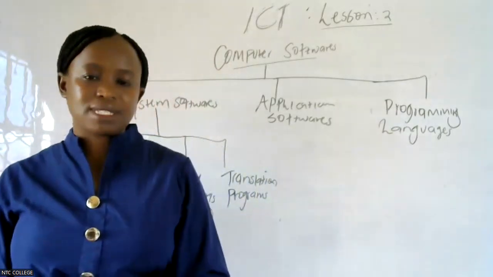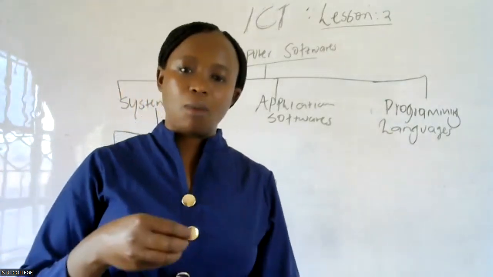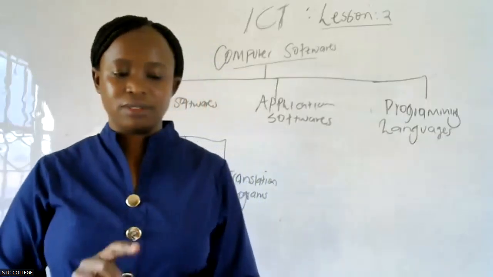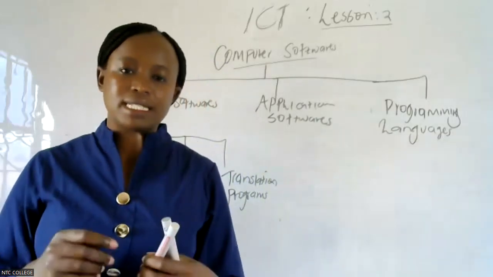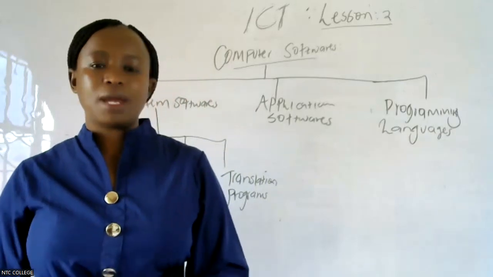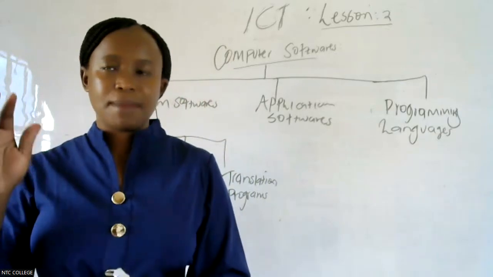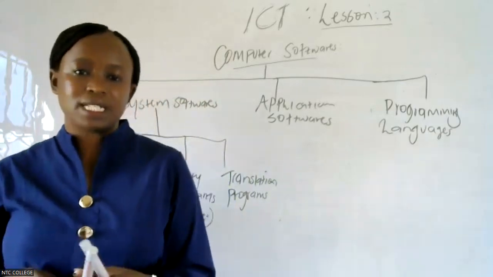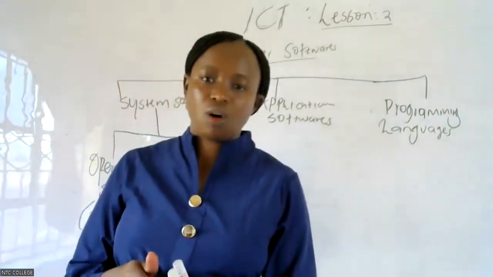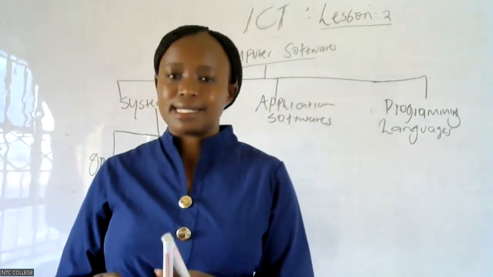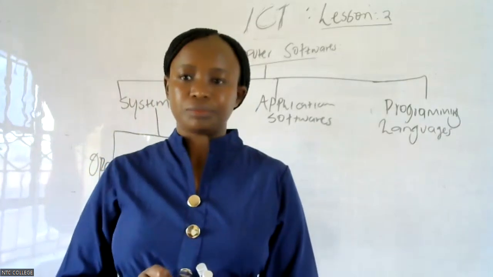They are programs that are designed to make our work easier. Look at that banking application you have on your mobile phone. What is it for? It's to ensure you are not going to access that bank via a physical mechanism, but at the comfort of your own area, you are able to log in, transact, log out.